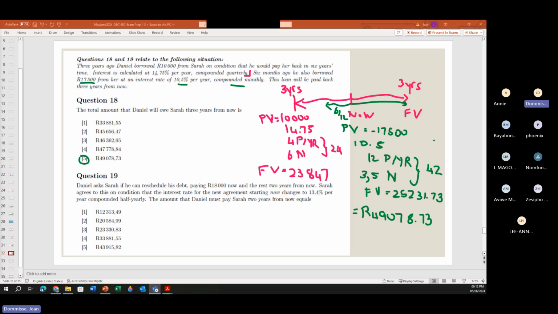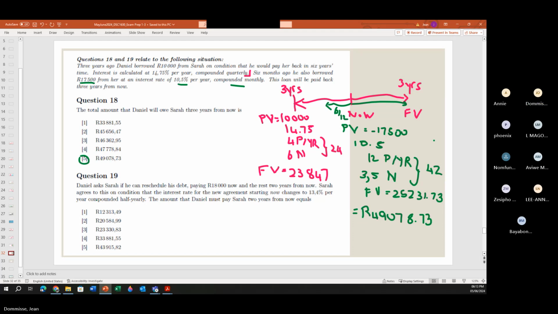Here you have two values with changing interest, with changing payments per year, with changing times per year. So I think that is what they wanted to test in question 18. Okay, so that was question 18. So I'm just keeping the information for now. We might take away some of it as we look at question 19.